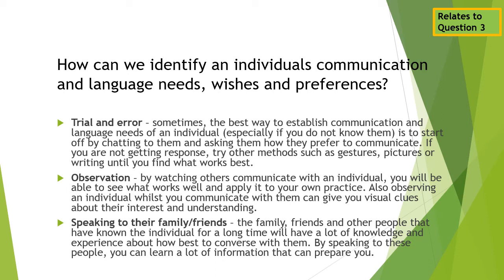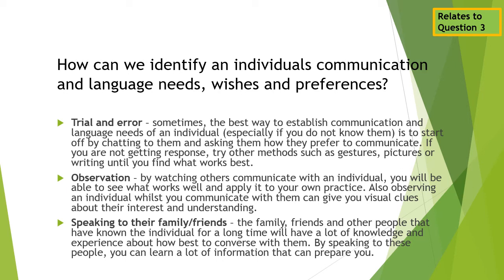Sometimes the best way to establish the communication and language needs of an individual, especially if you don't know them, is to start off by chatting to them and asking how they prefer to communicate. If you're not getting a response, try other methods, so gestures, pictures or writing, until you find out what works best. It could be that you've met someone you don't know, and you're just finding out at that point the best way to communicate with that person.